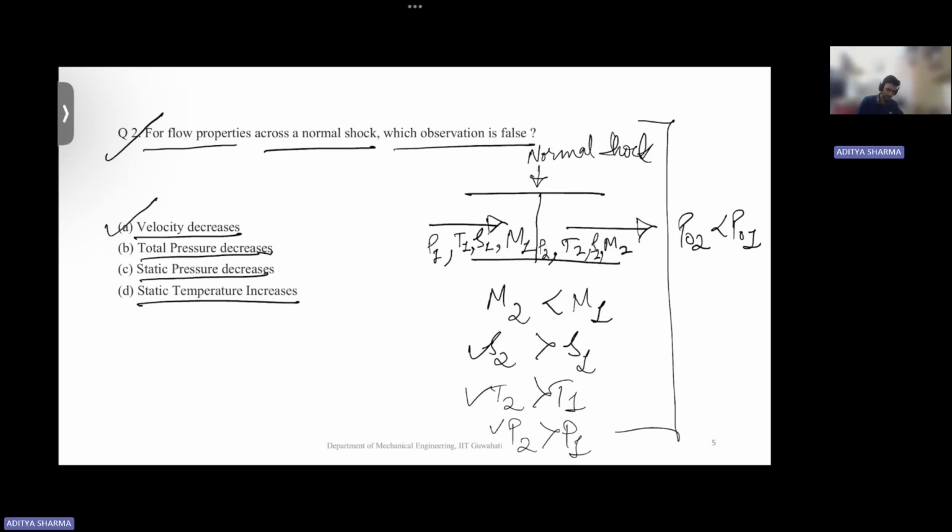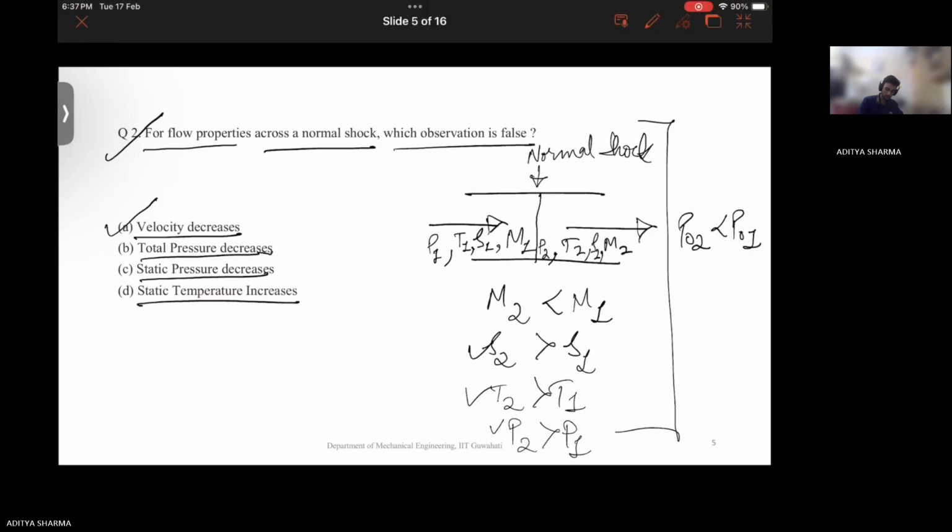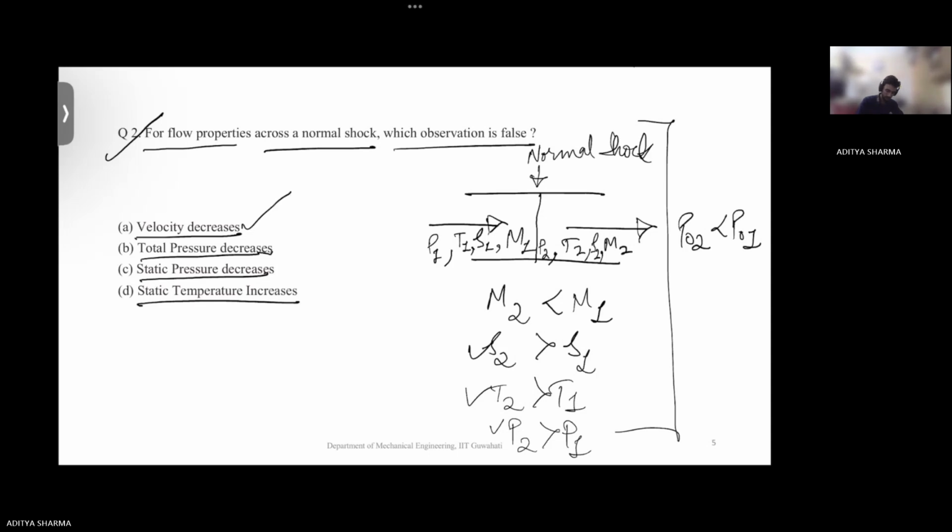So velocity decreases. True. Total pressure decreases. True. Static pressure decreases.